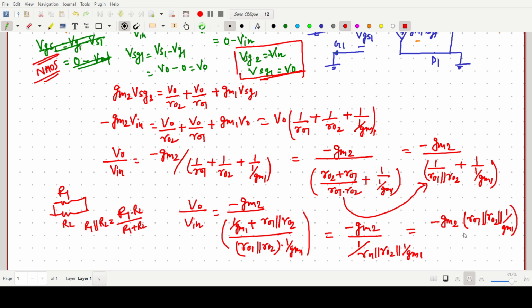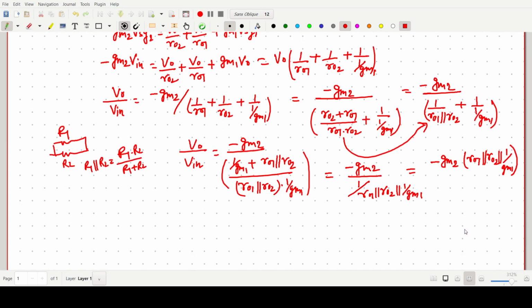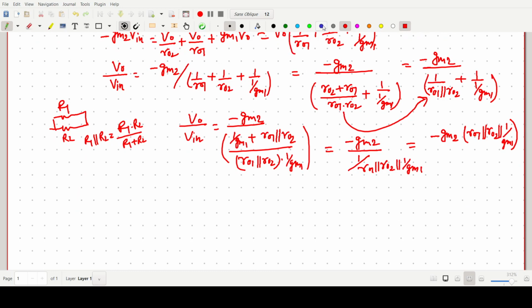Okay, so the final expression I want to write: V naught by V in is nothing but simply minus Gm2 R naught 1 parallel with R naught 2 parallel with 1 by Gm1. So this one is the answer, the final solution for the gain value.